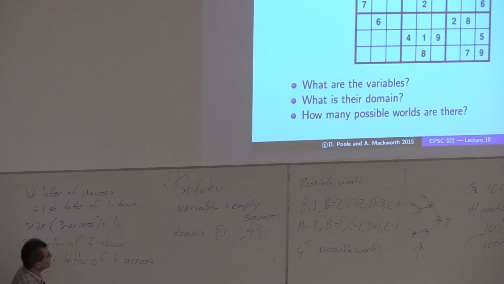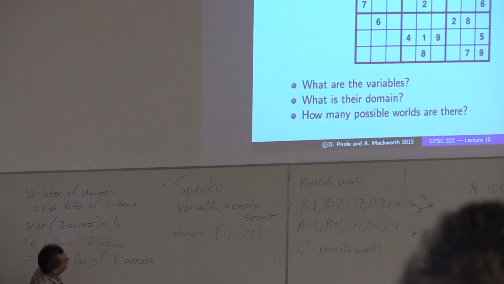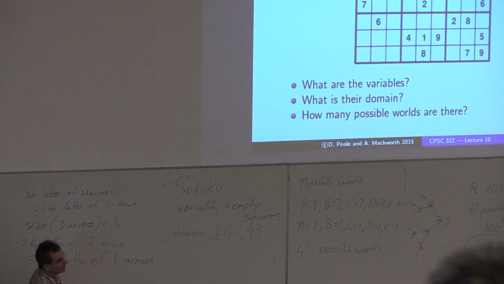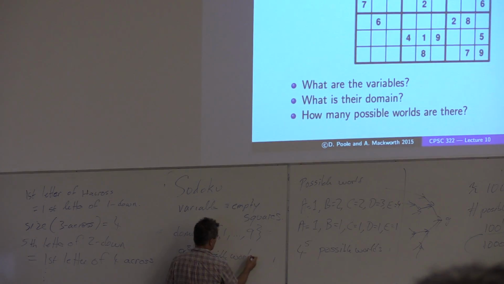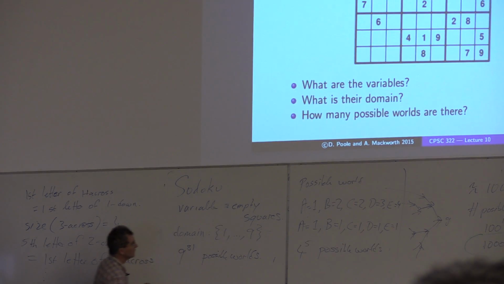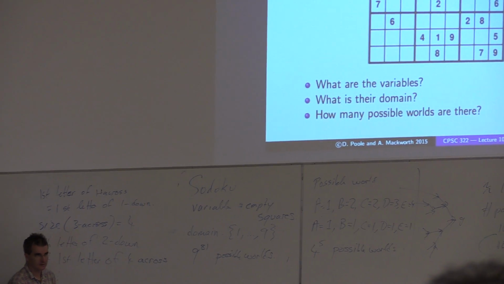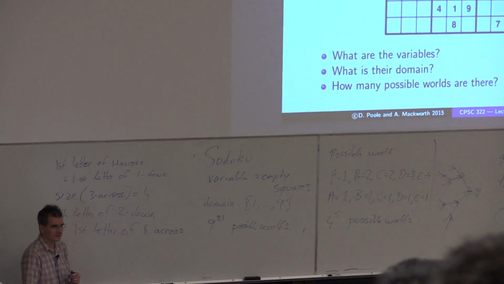And how many possible worlds are there? Or how many variables are there? So there are 9 to the 81 possible worlds. Is that right?